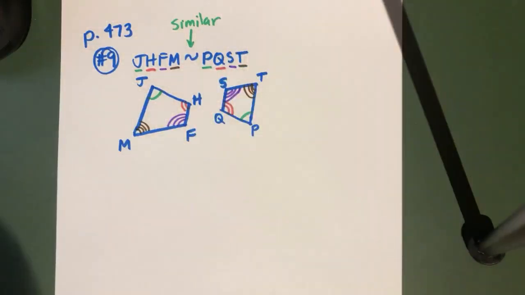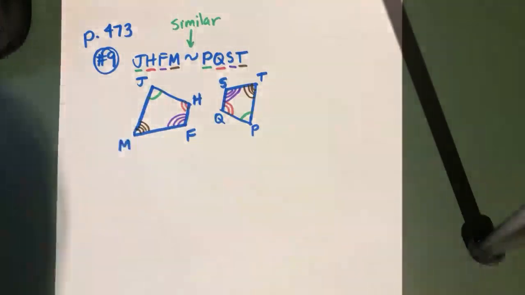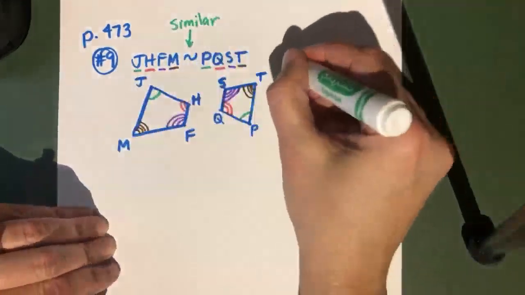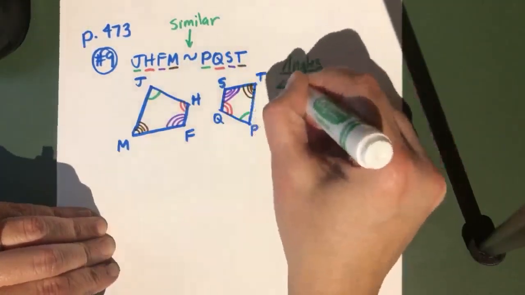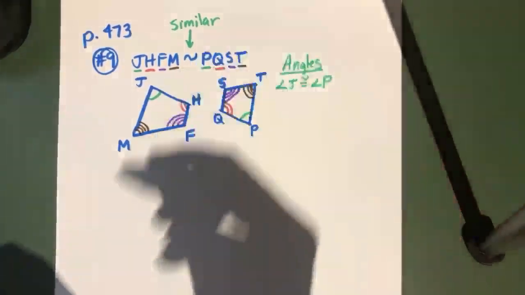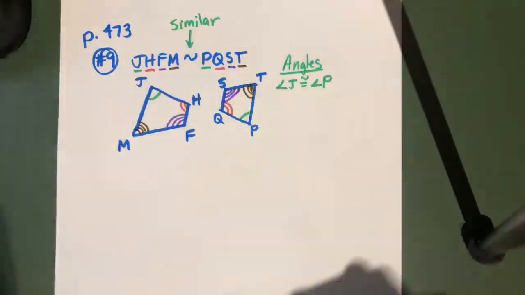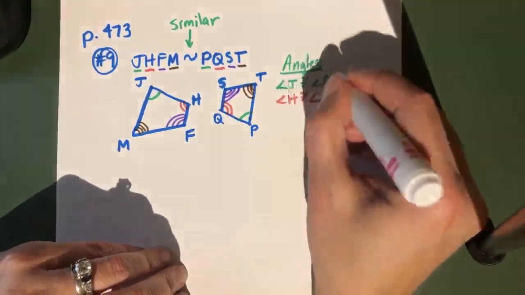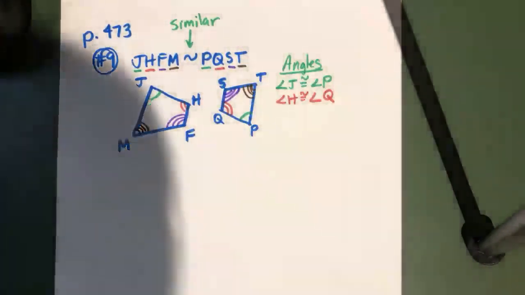So let's list them. All right, let's list them. Your congruent angle pairs, we'll start with the green one. Looking here, for your congruent angles, angle J is congruent to angle P. Your second angle pair, angle H, is congruent to angle Q. All right, that's your second angle pair.